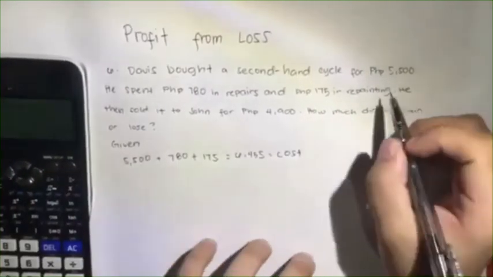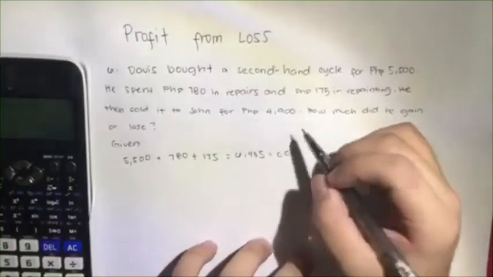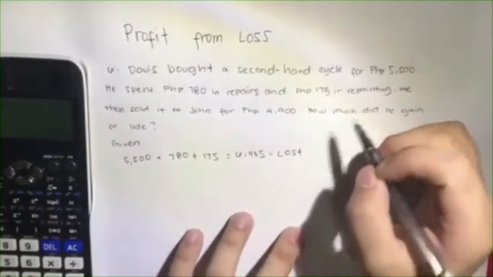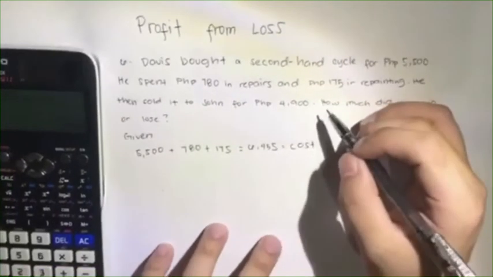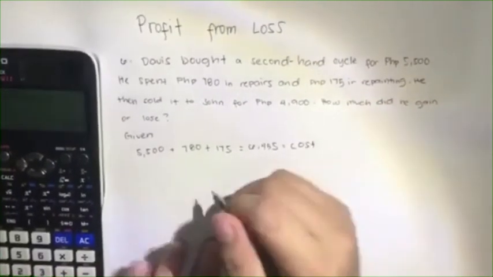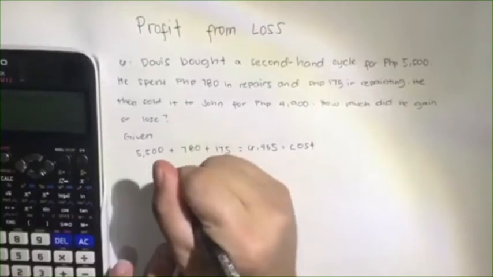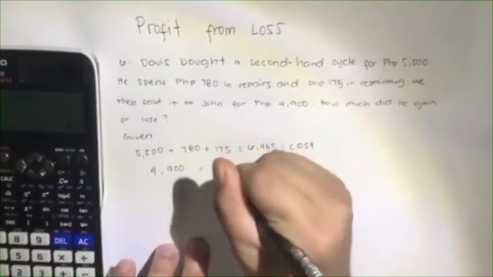Next, he then sold it to John for 4,900. So ito yung amount na binenta niya kay John. So which is, it is yung net sales natin. So 4,900 is our net sales.